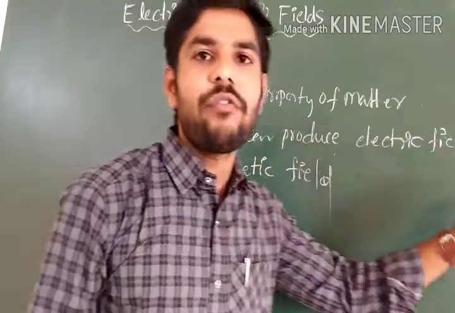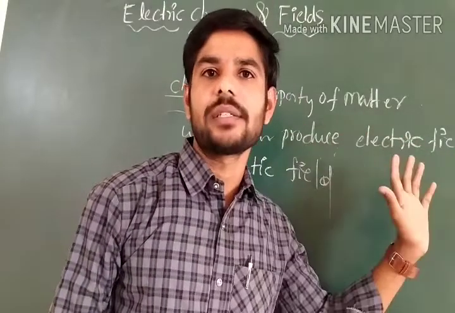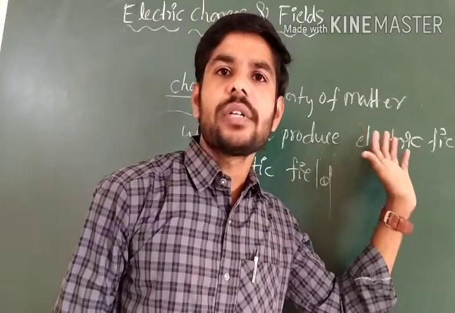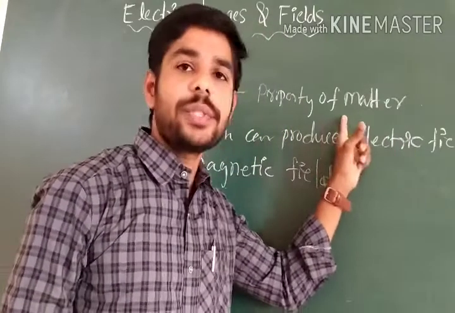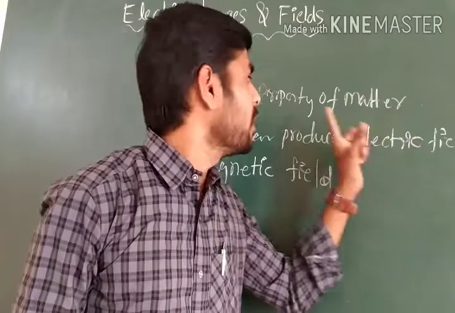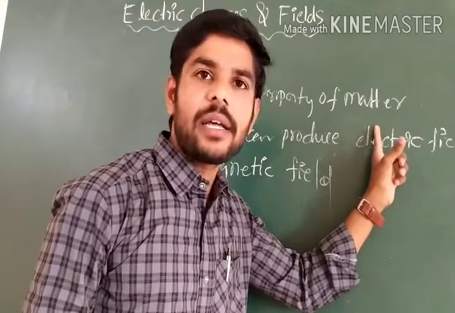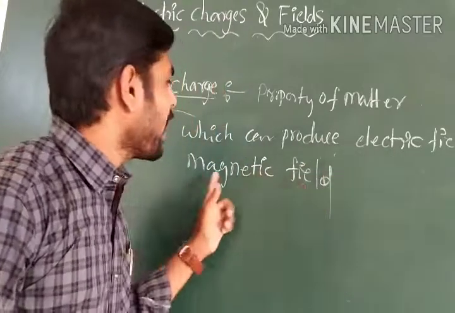Charge is a property of matter, which means every charge carries mass. Every mass cannot have charge, but every charge must have mass. Without mass there is no charge. So charge is a property of matter which can produce electric field and magnetic field.